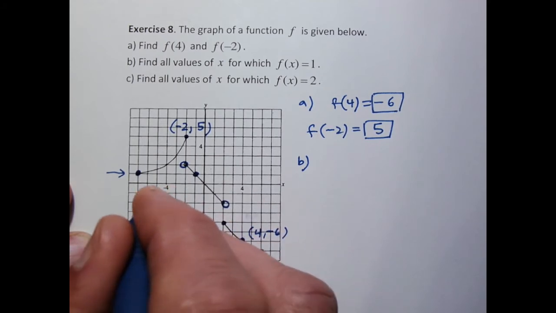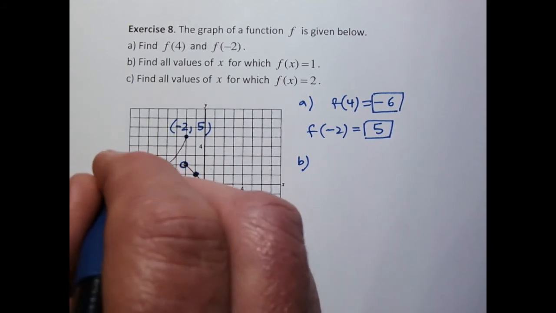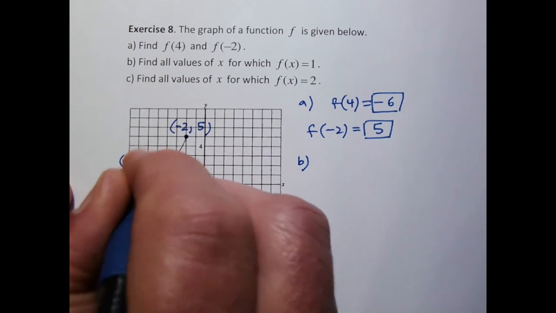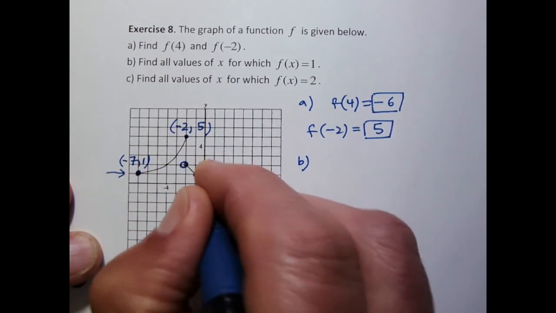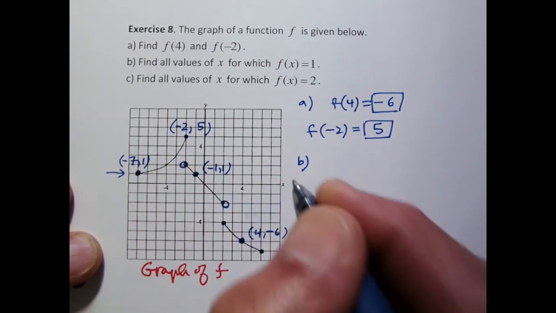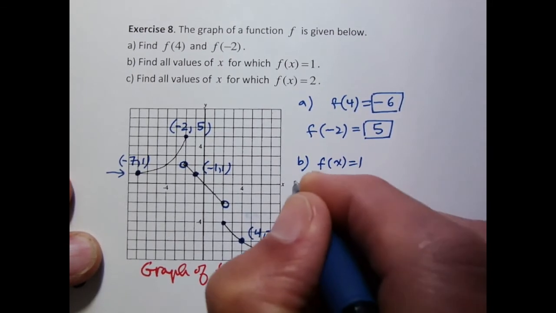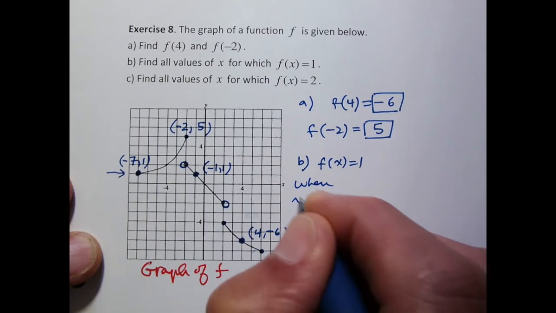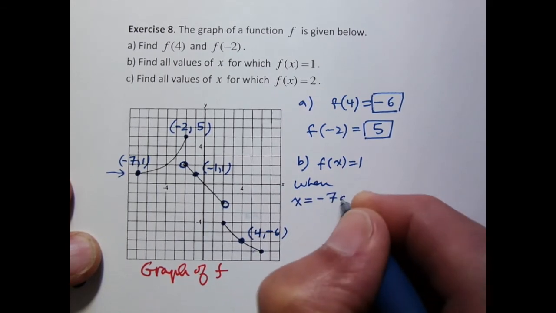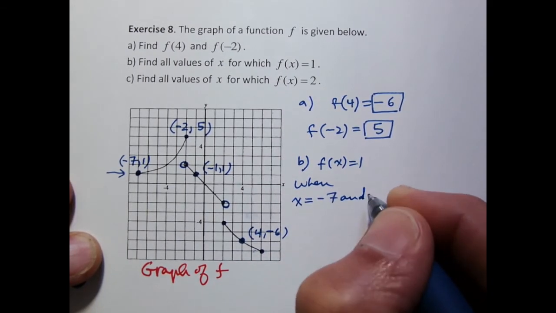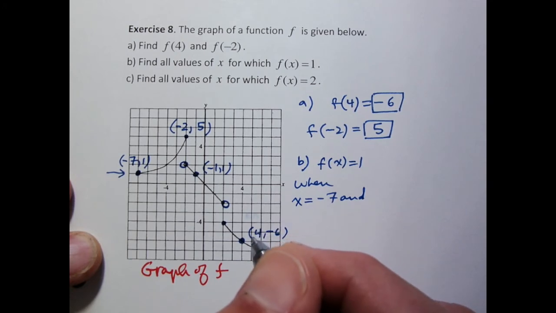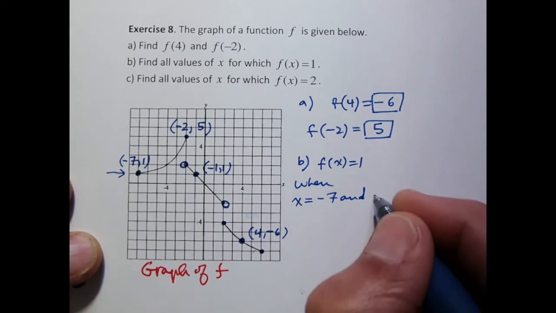So negative 4, negative 5, 6, 7. That's negative 7, 1 is on the graph. And negative 1, 1 is also on the graph. So f of x is equal to 1 when x is equal to negative 7 and when x is equal to negative 1.